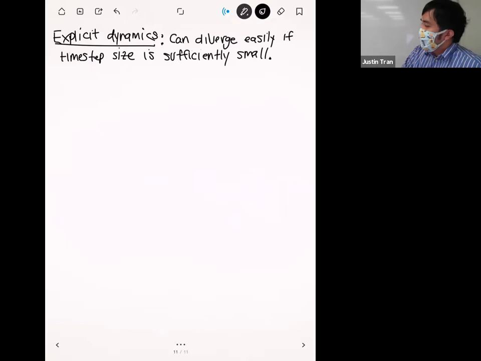And so, even for a not so violent situation, if you use explicit dynamics with a time step size that's fairly big, you run the risk of diverging pretty easily. Okay. And so no matter what, with explicit dynamics, you have to use a small time step. But the amount of cost that you have per time step is a lot less for this one.